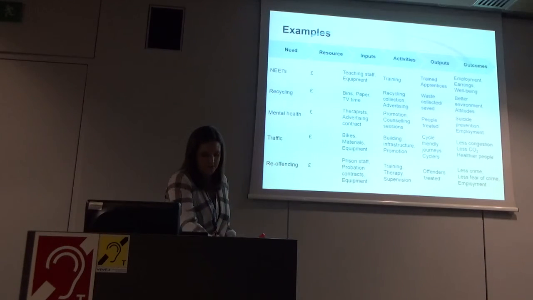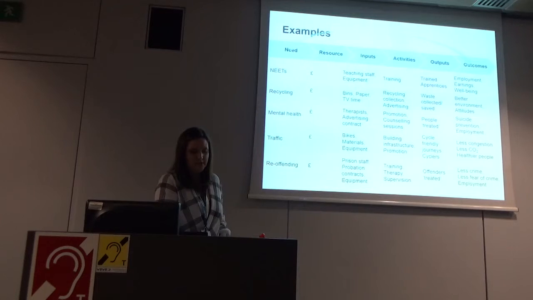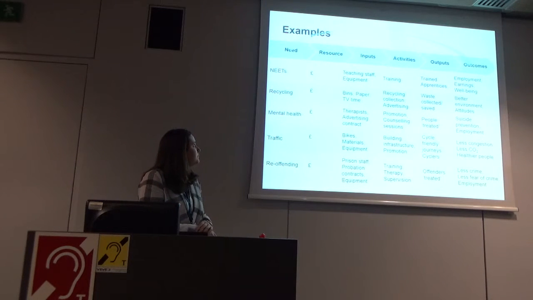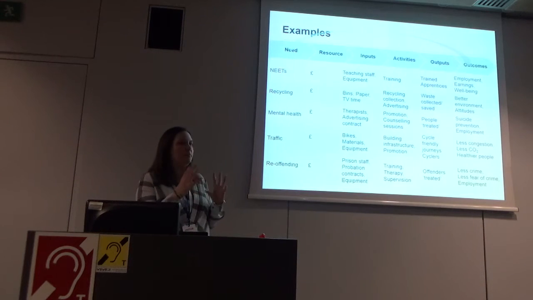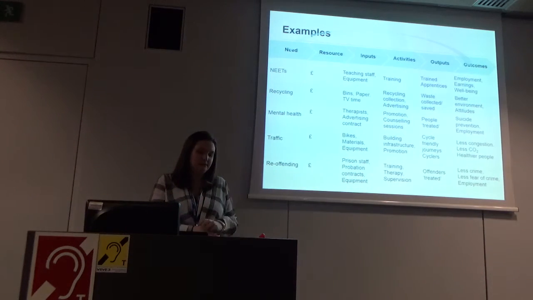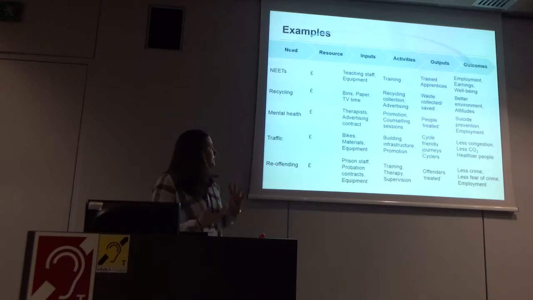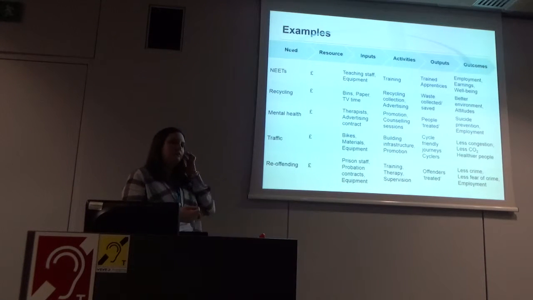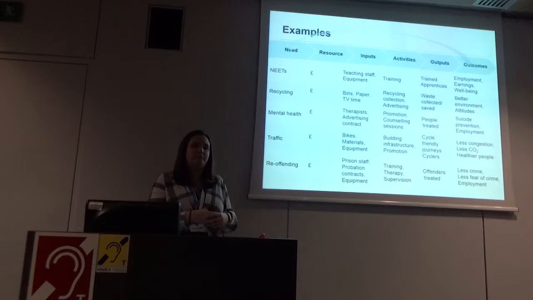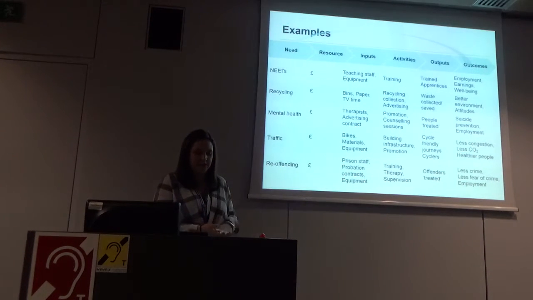So before I go through each of them in turn, I just thought I'd put up a couple of examples to show how you might start to think about these different terms. Looking at apprenticeships, for example, you've got a need, which might be the number of people not in education, training or employment.